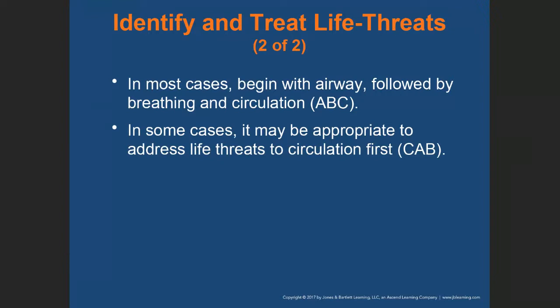So it's simultaneous positioning and check. Those are some situations in which your assessment would change from ABCs to CABC: excessive blood loss, and a patient that is showing signs of cardiac arrest.